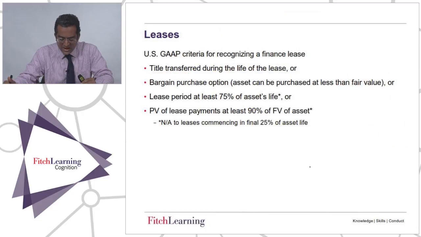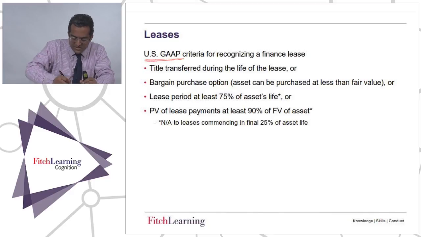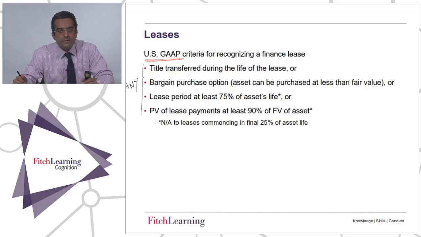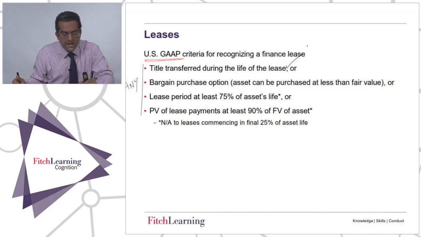So US accounting, US GAAP, uses similar features as IFRS, but if we just have a look here, again, any one of these would be sufficient to call a lease a capital lease or finance lease. The first 3 points actually are pretty much identical to the IFRS standards. So guys, see that title transfers during the life of the lease, just like the international standards.